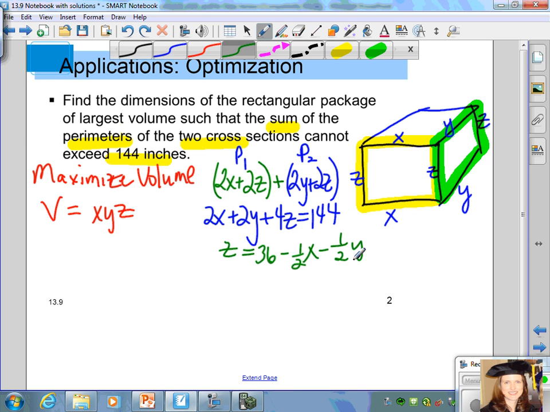When you simplify it, you get this equation for z, and then we're going to plug it into the formula that we're trying to maximize. We want to maximize the volume. So we get volume equals x times y times z, but we're going to replace z in this equation with what z equals in that secondary equation.